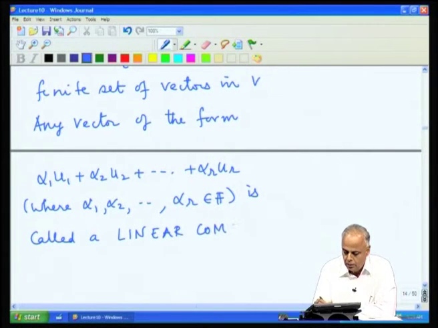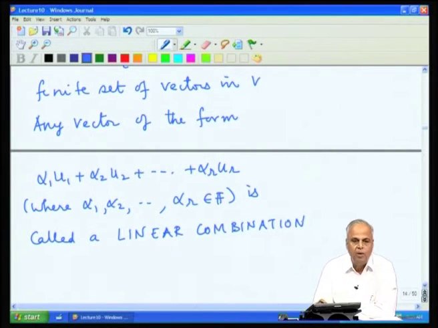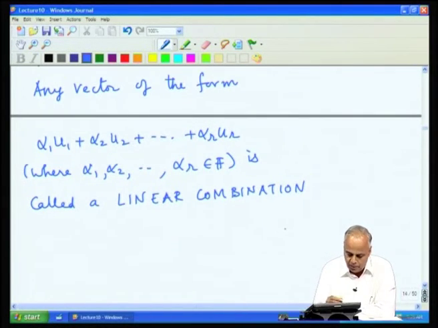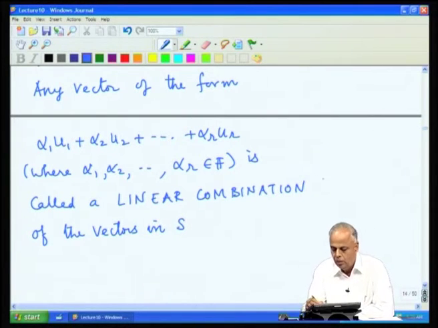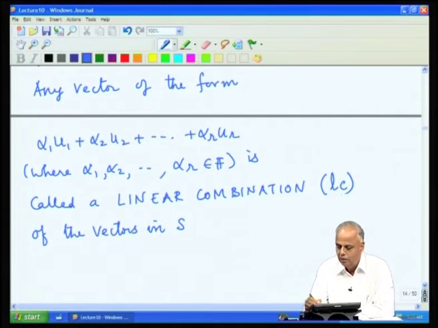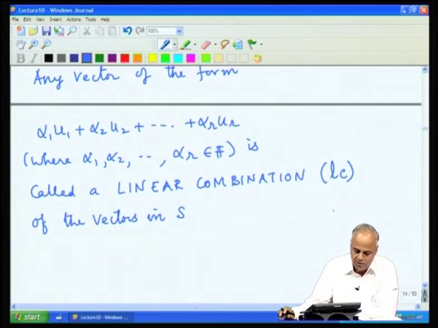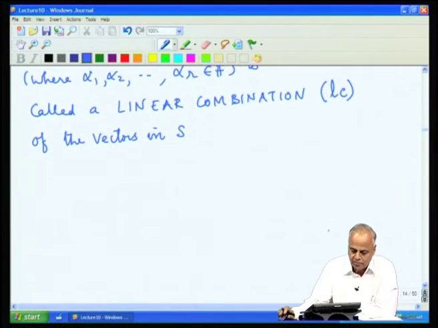In engineering terms, it is a superposition of the S vectors, a linear combination of the vectors in S. From now on, for linear combination, we will just write LC as the short form.